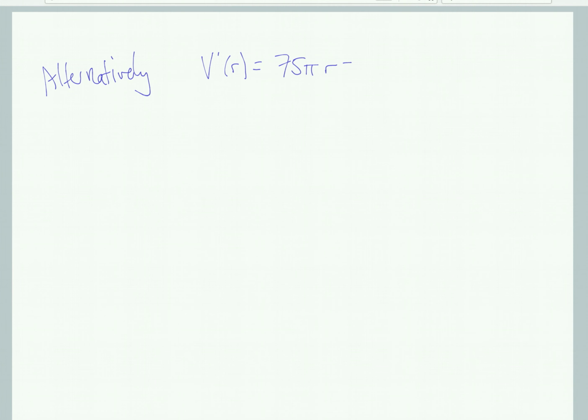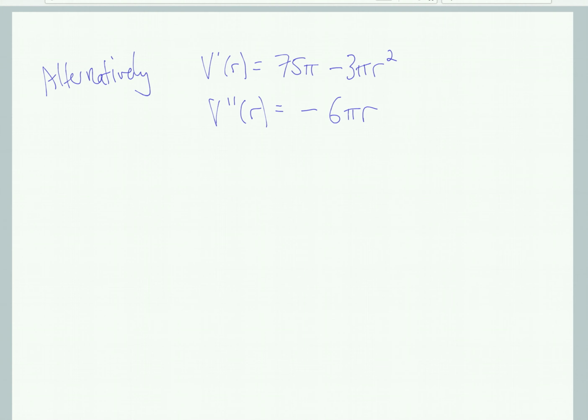No, sorry, that was V prime. 75 pi minus 3 pi r squared. If we take the second derivative, the derivative of this constant term is just 0, and we have a negative 6 pi r.